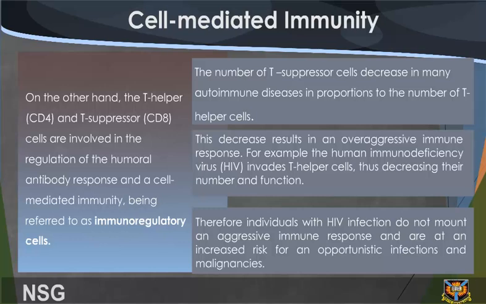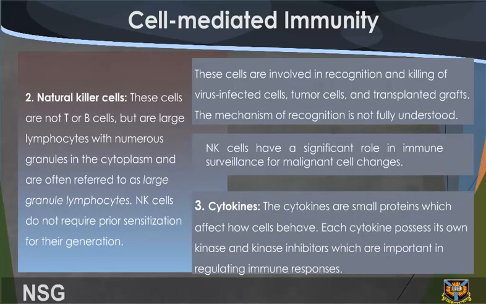This decrease results in an overaggressive immune response. For example, the human immunodeficiency virus, HIV, invades T helper cells, thus decreasing their number and function. Therefore, individuals with HIV infection do not mount an aggressive immune response and are at an increased risk for opportunistic infection and malignancies.